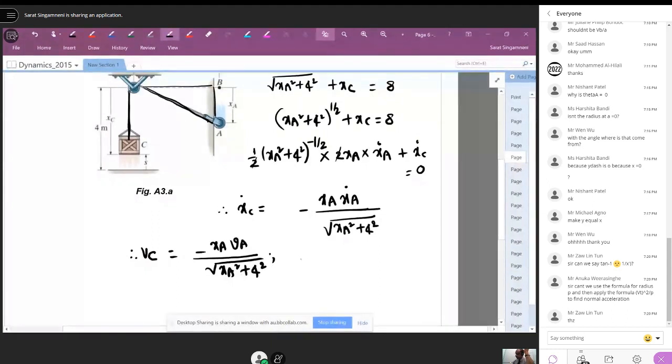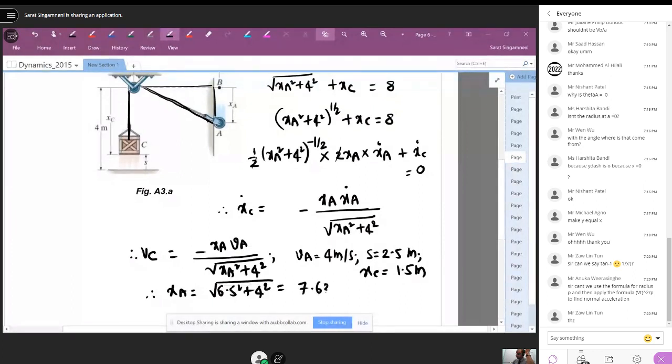He gave you velocity of a 4 meter per second. S is 2.5 meters. So xc is 1.5 meter. Therefore, xa is equal to root 6.5 squared plus 4 squared, which gives you 7.632 meter.